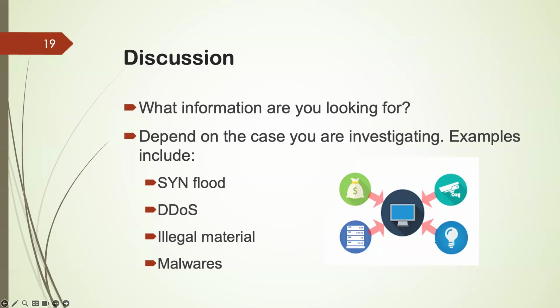Next, for example, in cases of illegal material. Say somebody is accused of watching or distributing child porn. In this case, we will have to verify whether the accused person actually visited the restricted website or not.